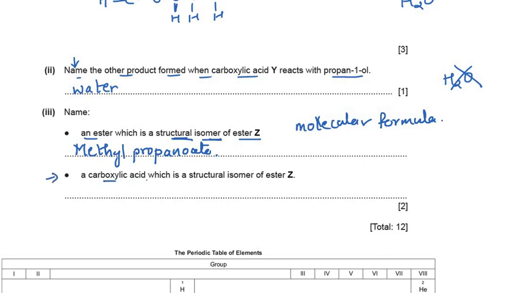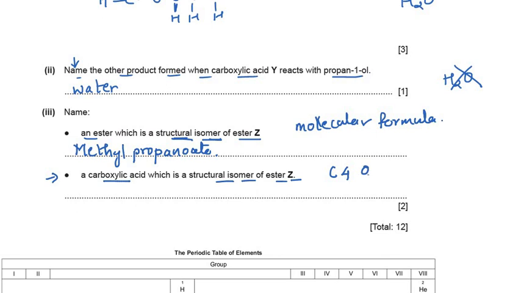Here it says a carboxylic acid which is a structural isomer of ester Z. Now we are supposed to name the carboxylic acid which is an isomer of ester Z, meaning the number of carbon atoms, oxygen and hydrogen should remain the same. Here we have 4 carbon atoms.